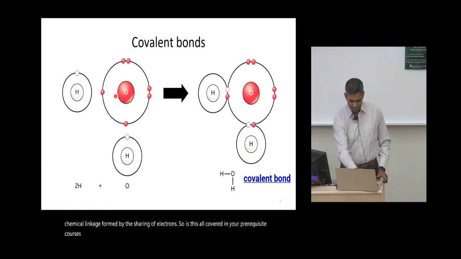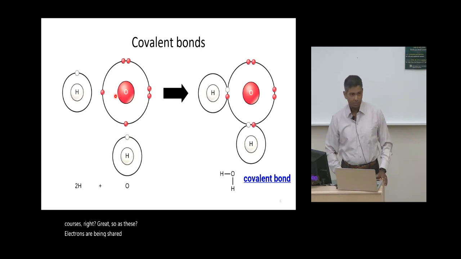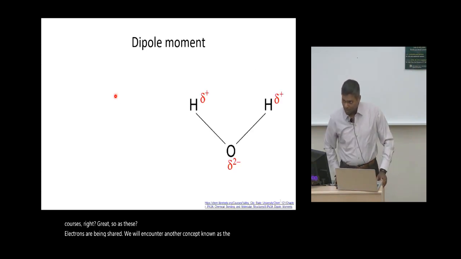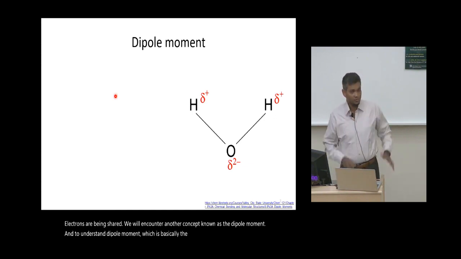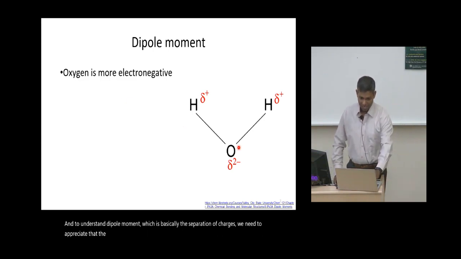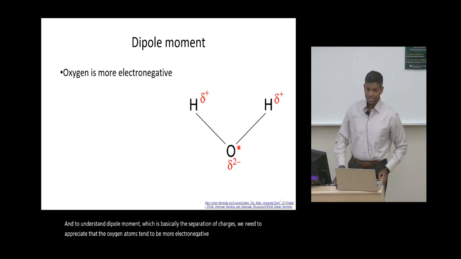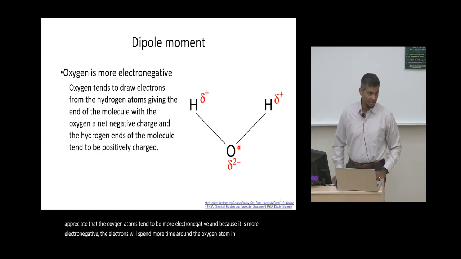Right, great. So as these electrons are being shared, we will encounter another concept known as the dipole moment. And to understand dipole moment, which is basically the separation of charges, we need to appreciate that the oxygen atom tends to be more electronegative, and because it is more electronegative, the electrons will spend more time around the oxygen atom in comparison to the hydrogen atom.